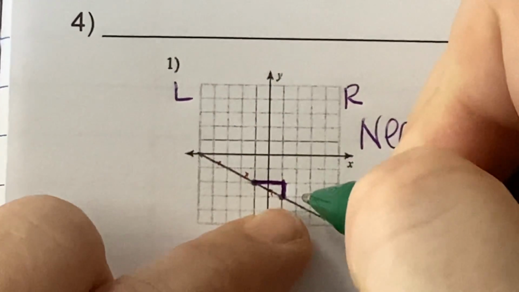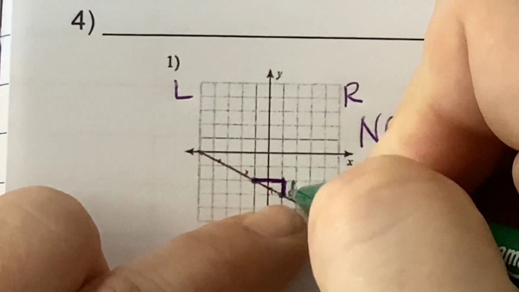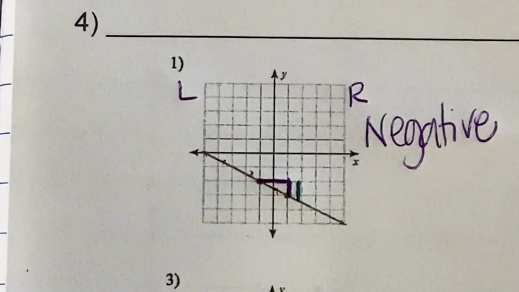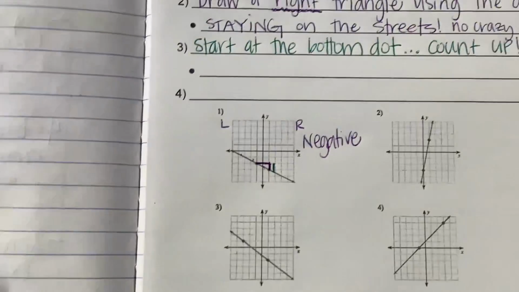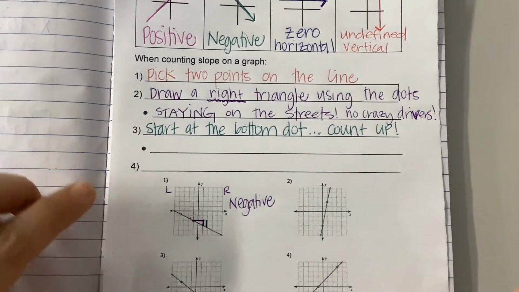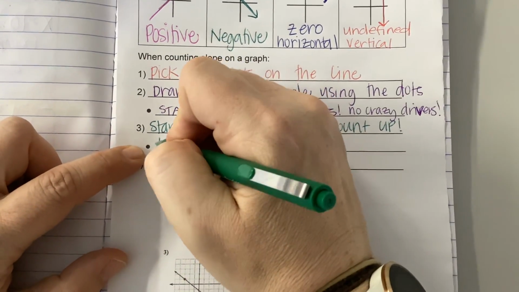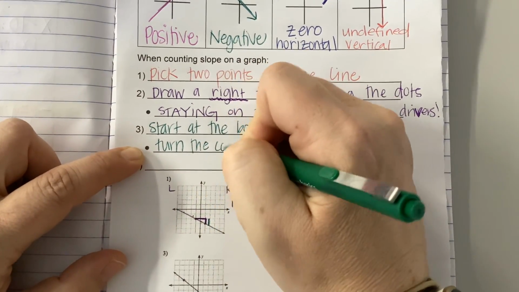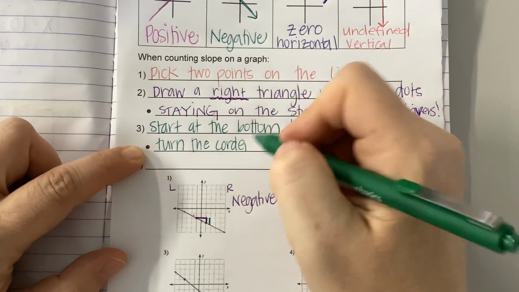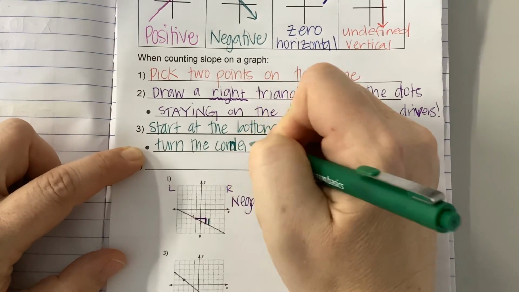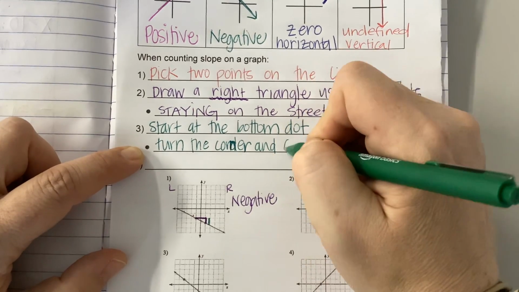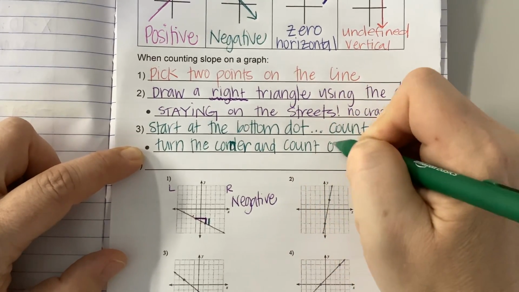How many blocks up do I drive? One. Then I turn the corner. Oops, corner is spelled with an N, not a D. Corner. And count over.